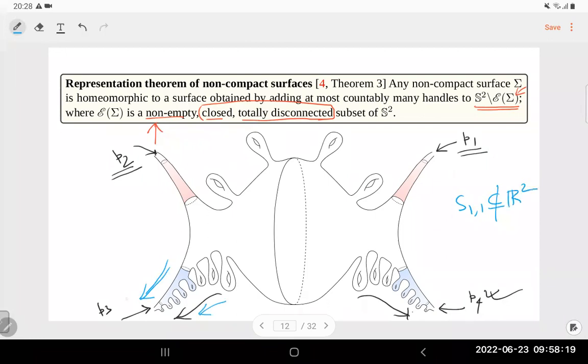So any neighborhood of this puncture contains infinitely many one-hole tori. So in particular, any neighborhood of this puncture can't be embeddable in the plane. So these types of puncture are called non-planar punctures. Similarly, this puncture is called a non-planar puncture.